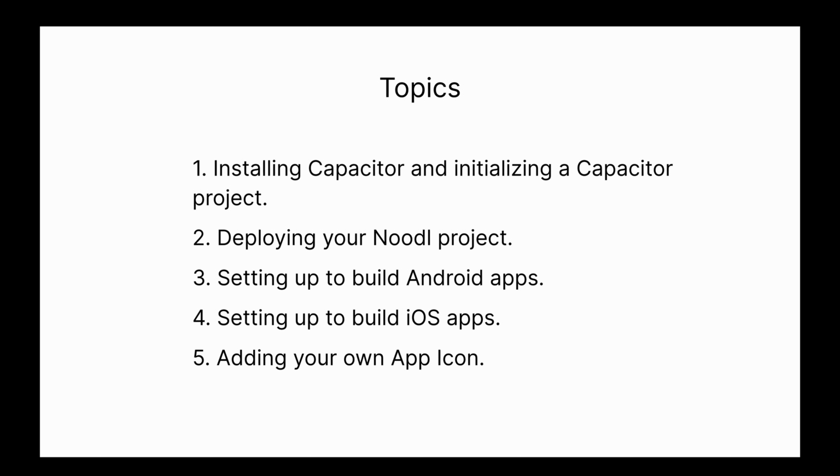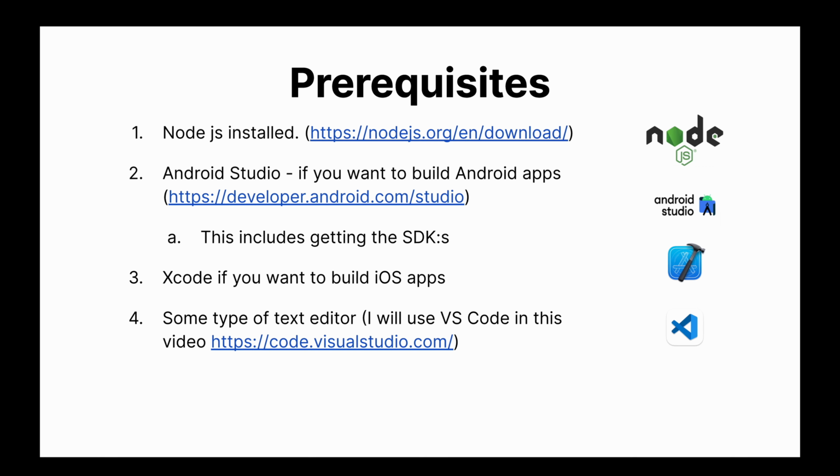Before we get started, there are a couple of prerequisites that you need in order to be able to follow along in this video. You need to install Node.js. Have a look at the Capacitor homepage to see exactly which version of Node.js you need.